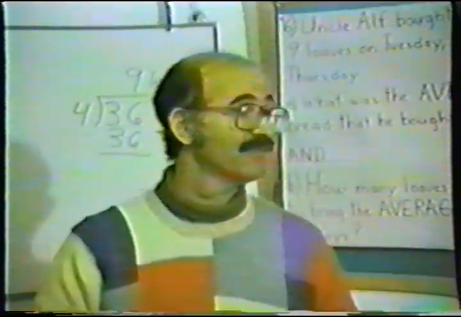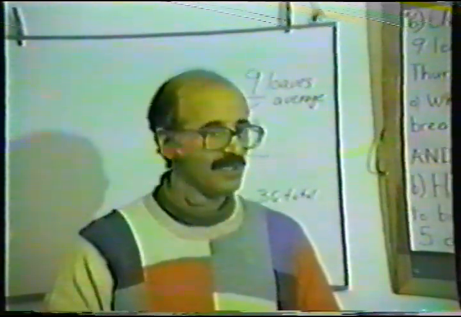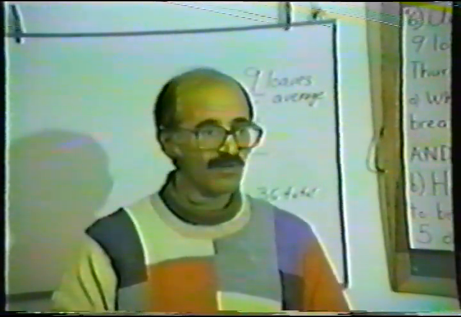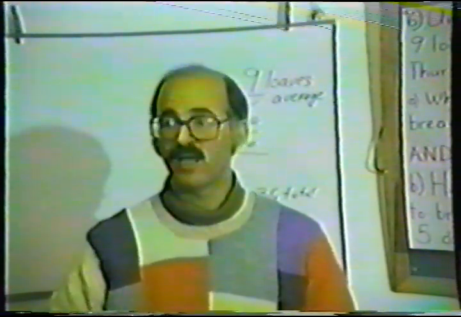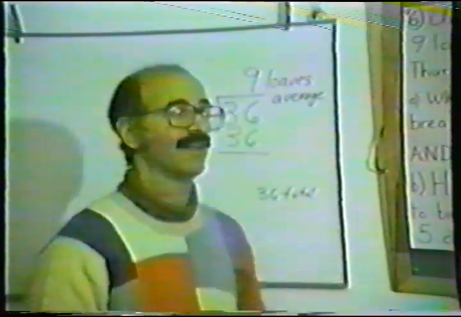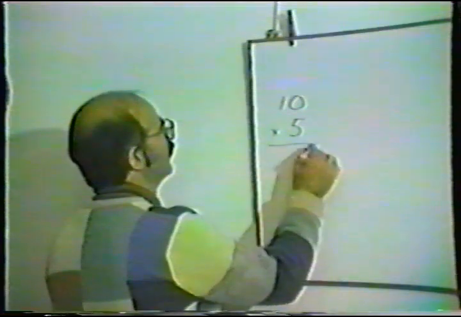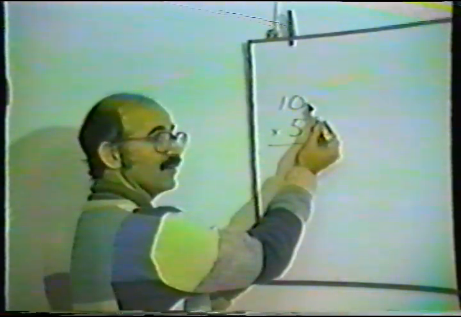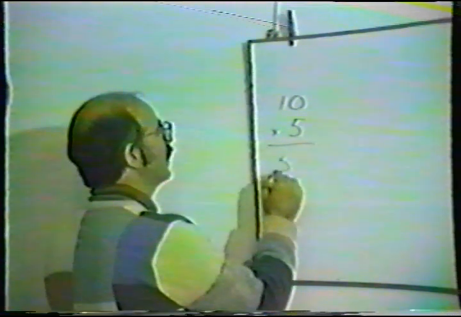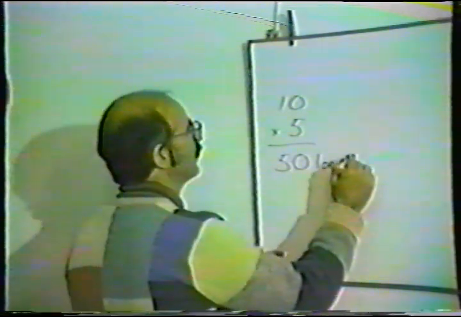Well, if each of those 5 days was 10 loaves, how many loaves was the total? What do we do with those two numbers, 10 and 5? Multiply. 10 times 5. 5 days, an average of 10 loaves each day gives us 50 loaves total for 5 days.